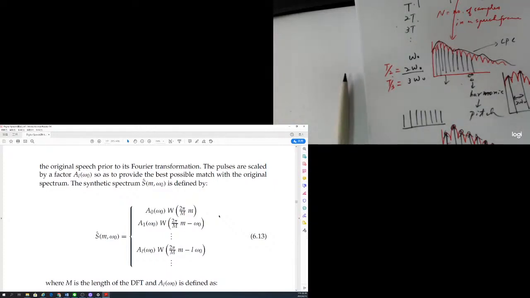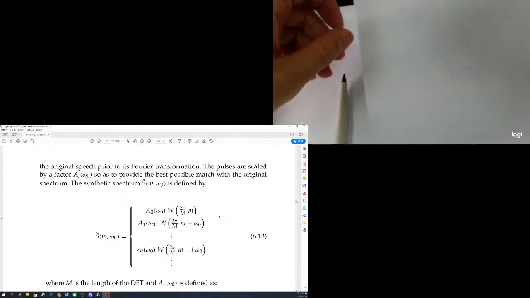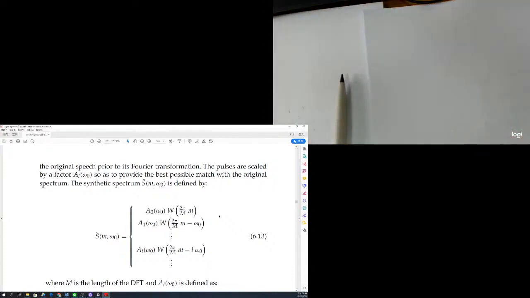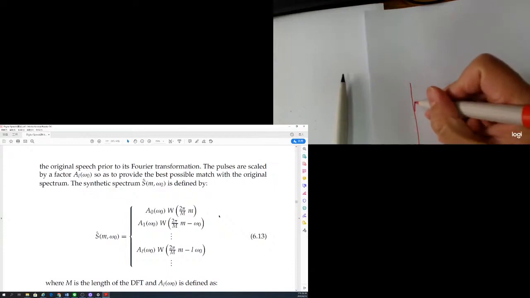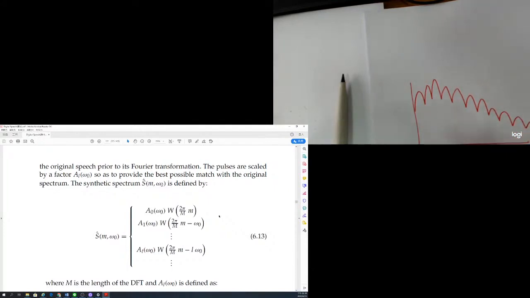So this one is called the synthetic approach. Maybe I'm using the other way. For example, your waveform may be like this one. If we are using synthetic, maybe we can use a sinc function.